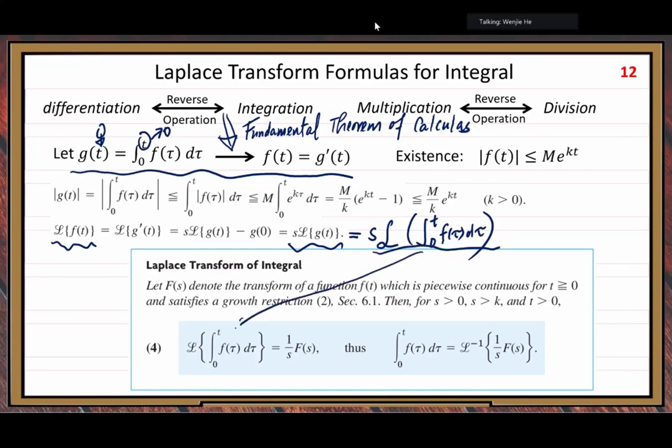That's your left hand side. Then you do division, because the right hand side, this whole thing, is capital F of s.